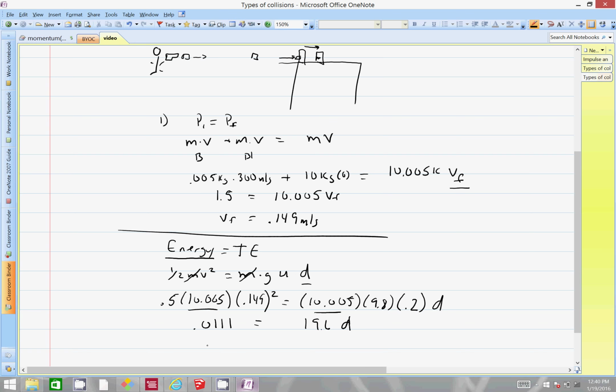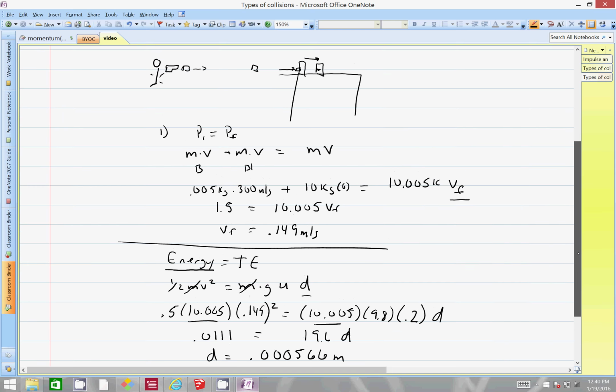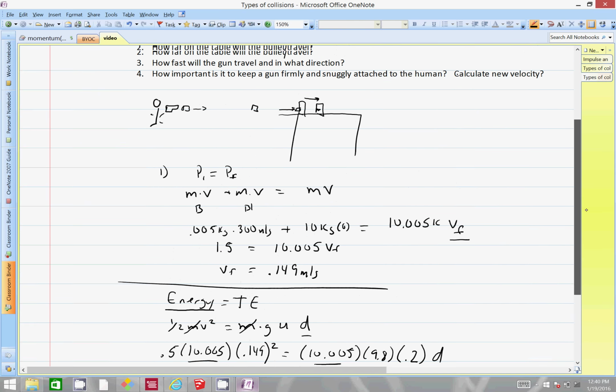And we get the distance in meters is 0.000566 meters, or only about half a centimeter. So traveling quite a small distance.